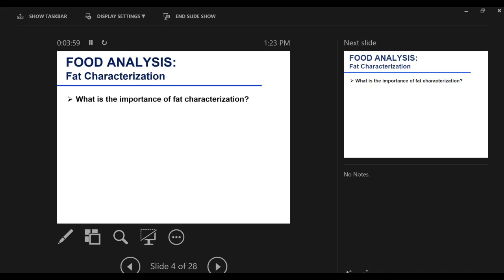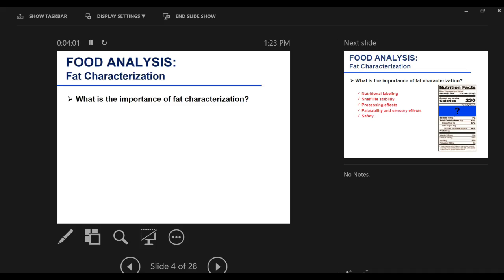All right, let's think about fatty acid characterization. So why is it important? When we say fatty acid characterization, what do we mean? What characteristics are we looking at? We're not looking at total fat. We're looking at other than total fat. Can you think of other characteristics? We listed a couple. The specific types of saturation.